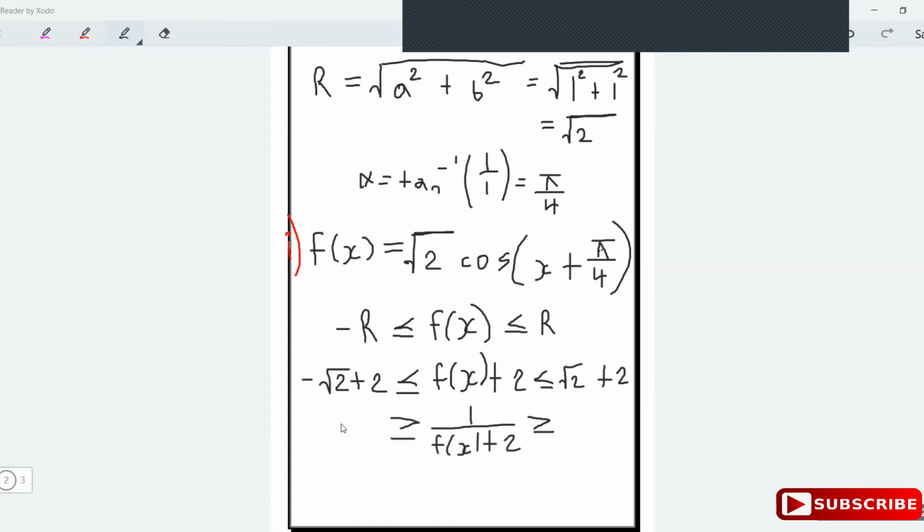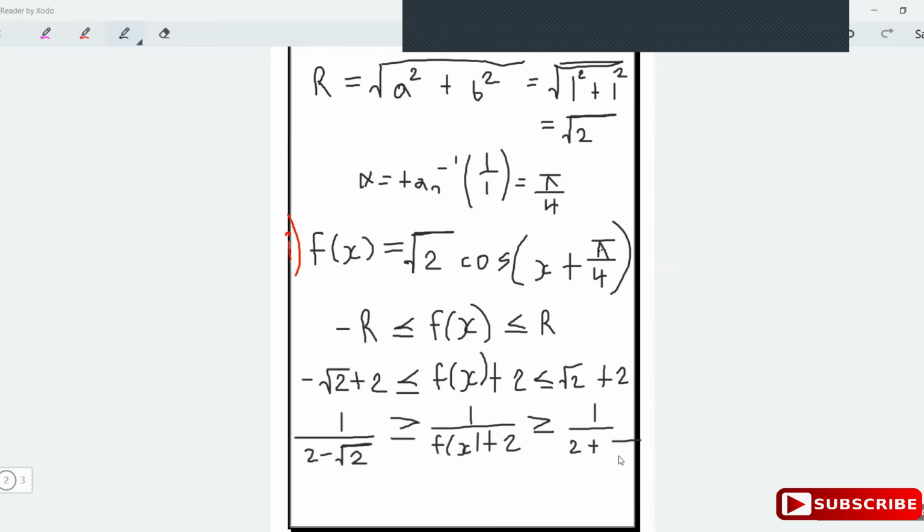So it's going to be 1 over, instead of writing minus root 2 plus 2, I will write 2 minus root 2, and then instead of writing root 2 plus 2, I will write 1 over 2 plus root 2. It just looks easier this way.